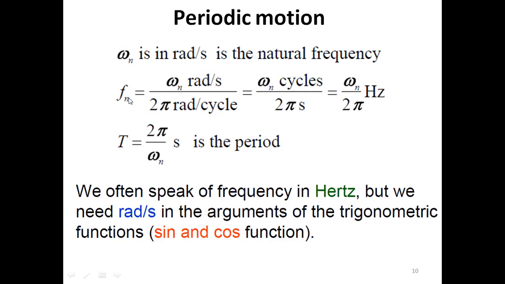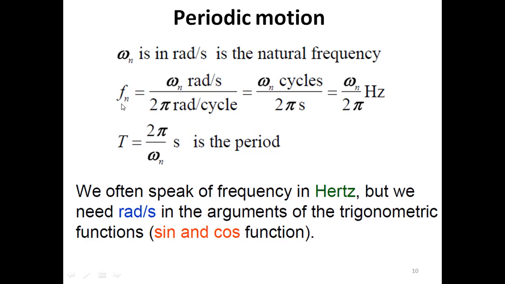The unit of Fn is hertz, cycles per second. So once we have omega n, we could convert that into Fn. We have to divide omega n by 2 pi, so we would have Fn in hertz.